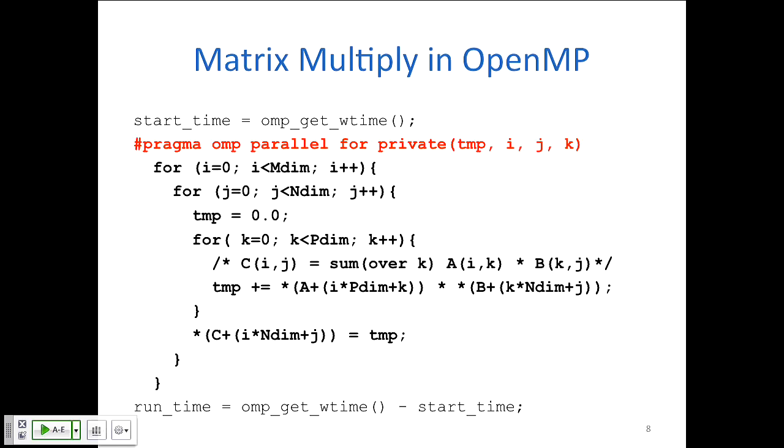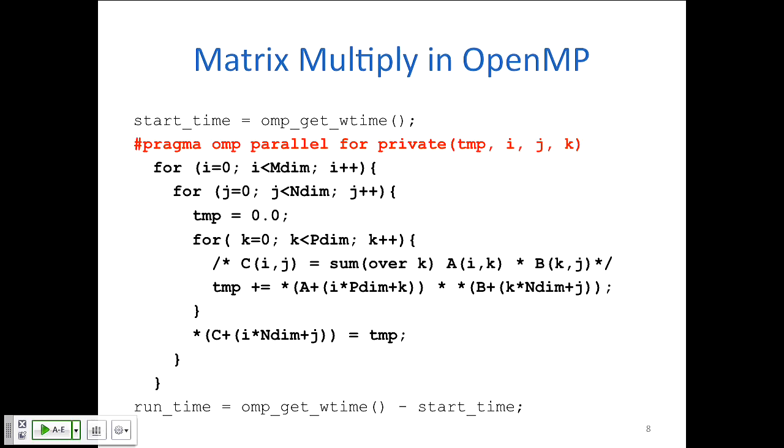K is the index variable in this inner loop, as you're stepping through the dot product. The outer two loops are basically, you have a 2D matrix, and the outer two loops are stepping across the entries in the result matrix. So one loop is going this way, one loop is going down: each row you do all the columns, next row you do all the columns. That's the two outer loops.